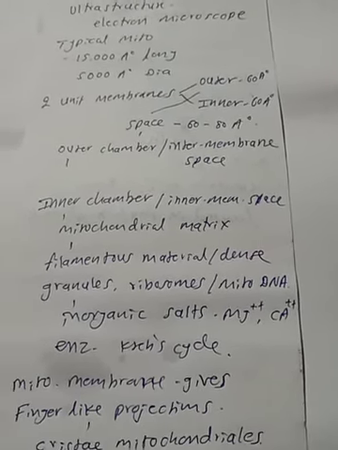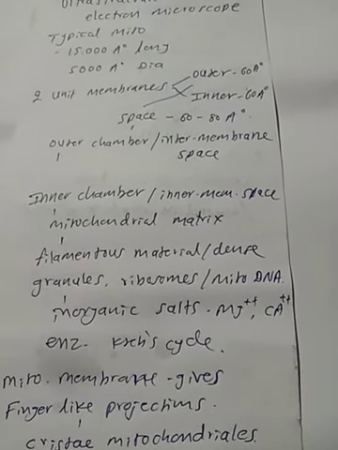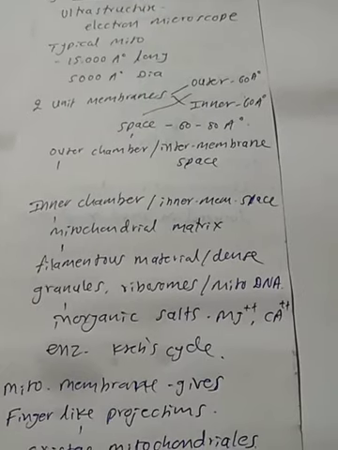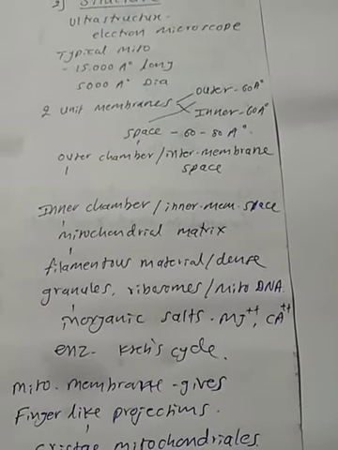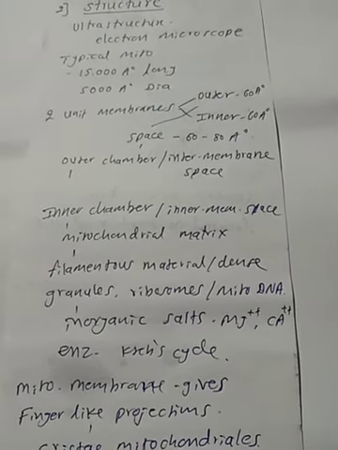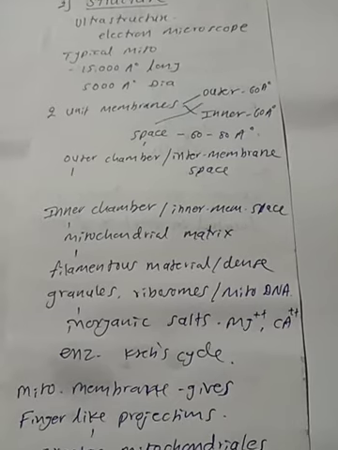The inner mitochondrial membrane gives out certain finger-like projections into the inner chamber, known as cristae mitochondriales.